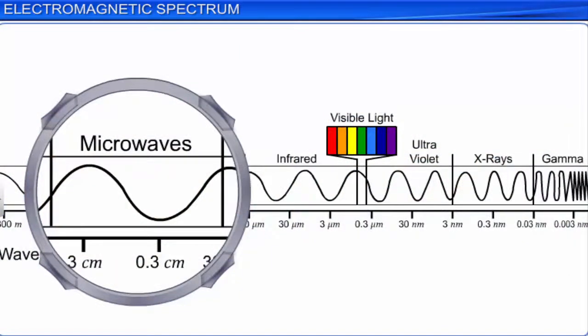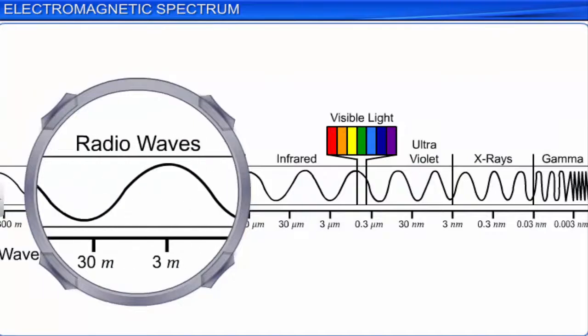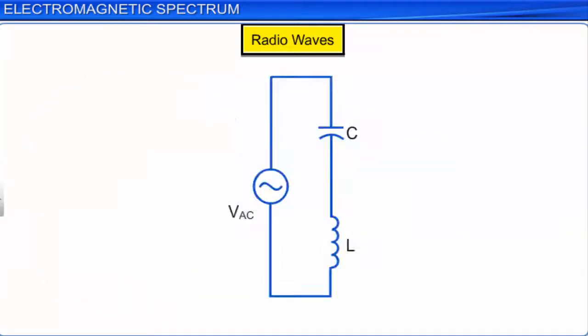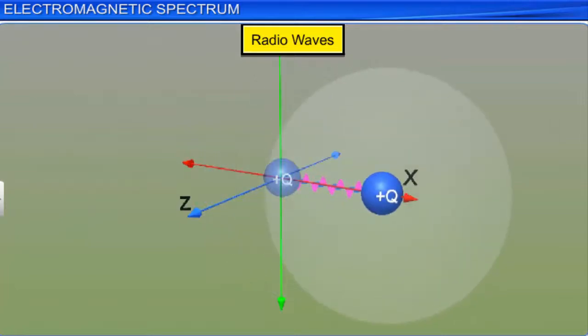Electromagnetic waves that have wavelengths beyond 0.1 meter are known as radio waves. They can be produced by electrons oscillating in special electric circuits called LC circuits. They are produced by accelerating and decelerating charges.